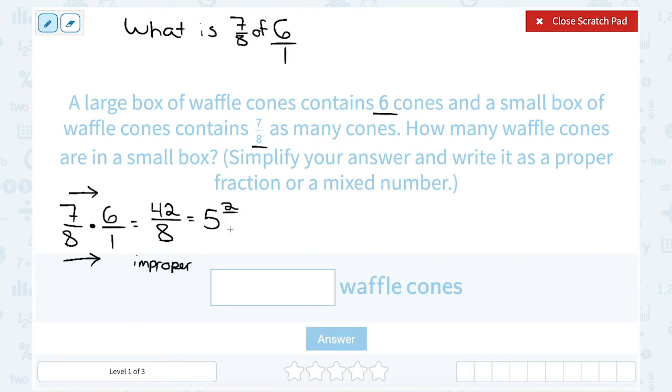The difference between 40 and 42, out of 8. Okay, and I can simplify this a little bit more. I'm going to leave that 5 the way it is, but 2 over 8, that I can simplify because 2 goes into 2 once and 2 goes into 8 4 times. So I can write that as 5 1/4.